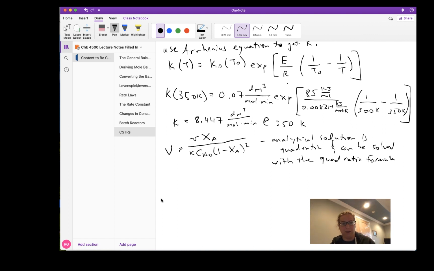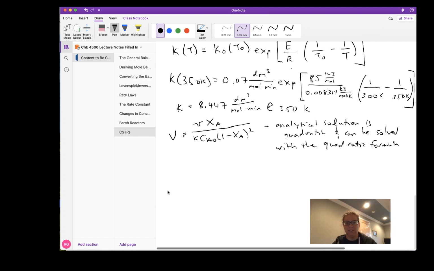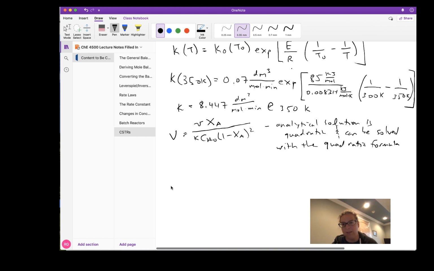I do not expect you to solve this by hand. If you want to use your calculator or Excel or Python or whatever have you, go for it. So however you decide to solve that is fine with me. When I solve it, I get a conversion of 93%.